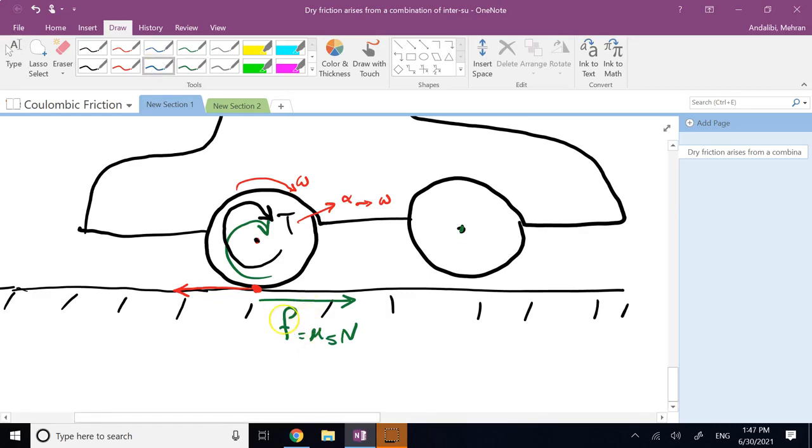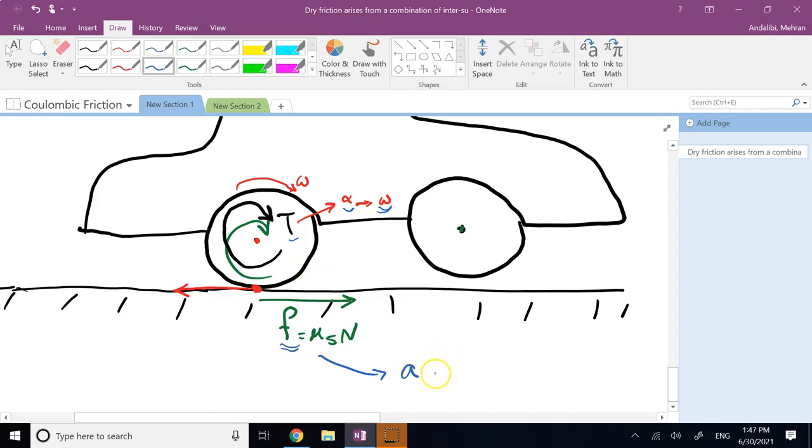Well, so the sequence is this. First T, then alpha, then omega, and these are all functions of time. Omega means trying to move relatively, which, if the friction is big enough, then now you have friction. Friction means what? Means acceleration, because that's a force.